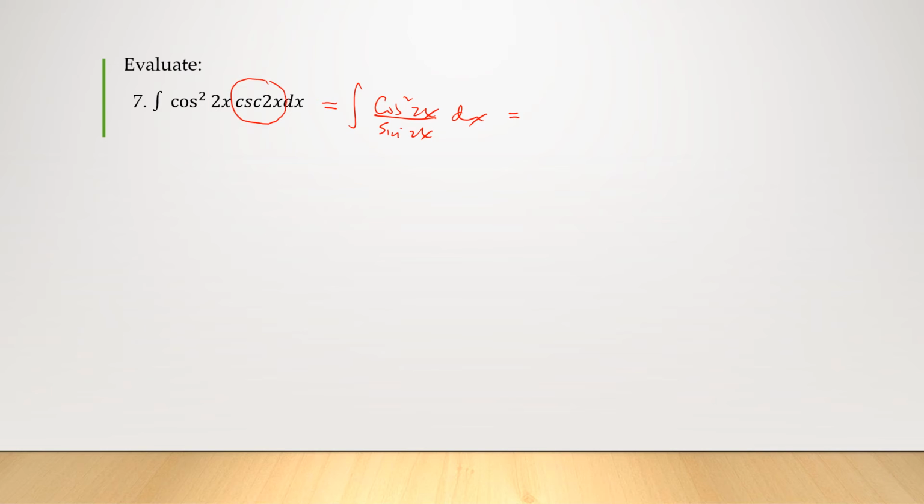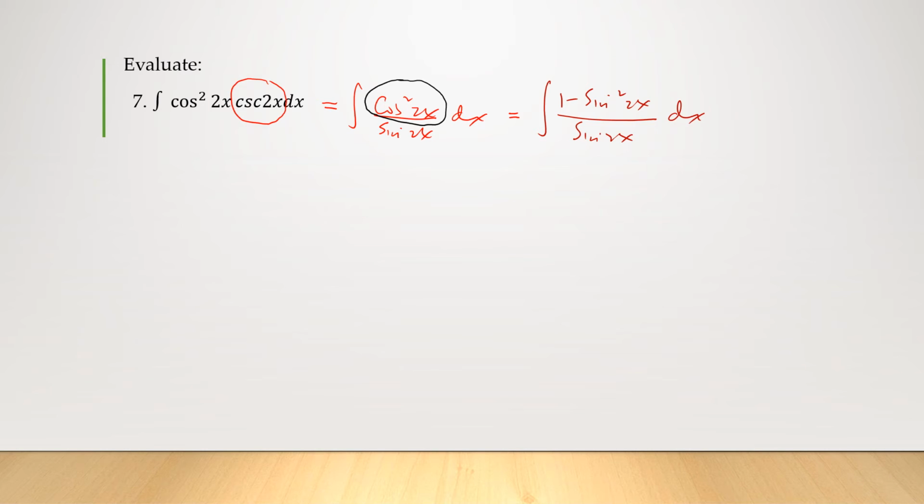So what do we do next here? For cosine squared 2x, we can apply an identity equivalent to 1 minus sine squared 2x all over sine of 2x dx. Alright?